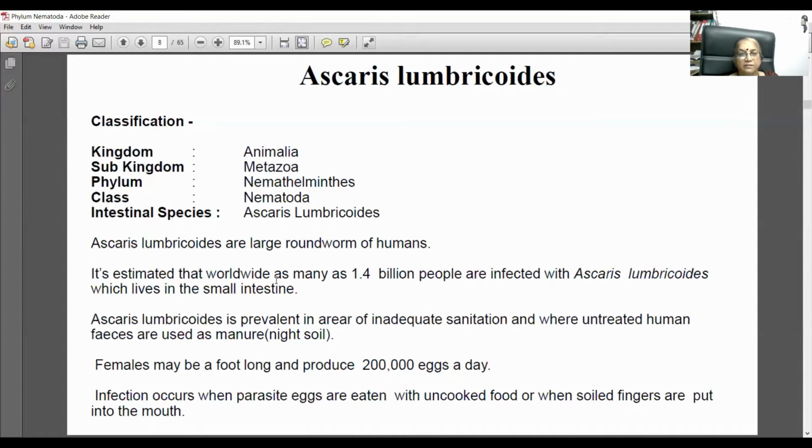Whenever they are eating something, people have to wash their hands. Just washing hands with water is not sufficient. It should be washed with some soap. Then only this infection can be prevented.